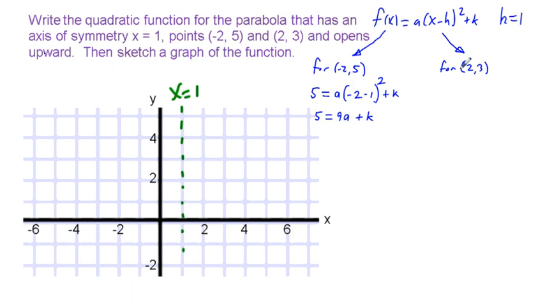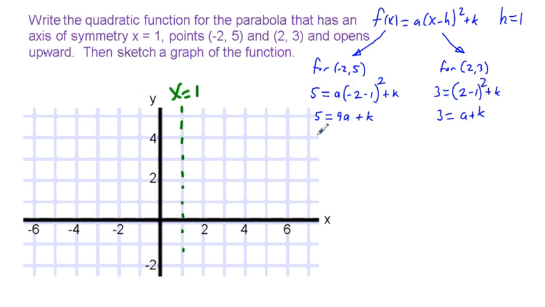For point (2, 3), we have 3 is equal to a times x, which is 2, minus 1 squared plus k. And 2 minus 1 is 1, so 3 equals a plus k. And now we can solve. To do that, we can just subtract.